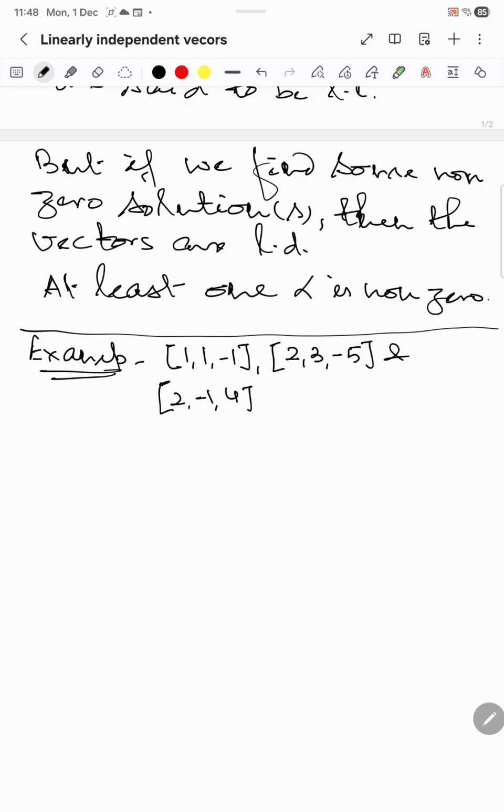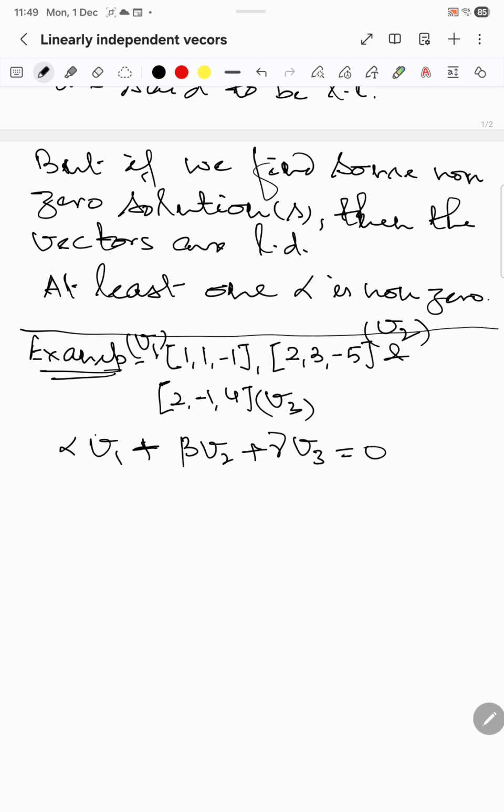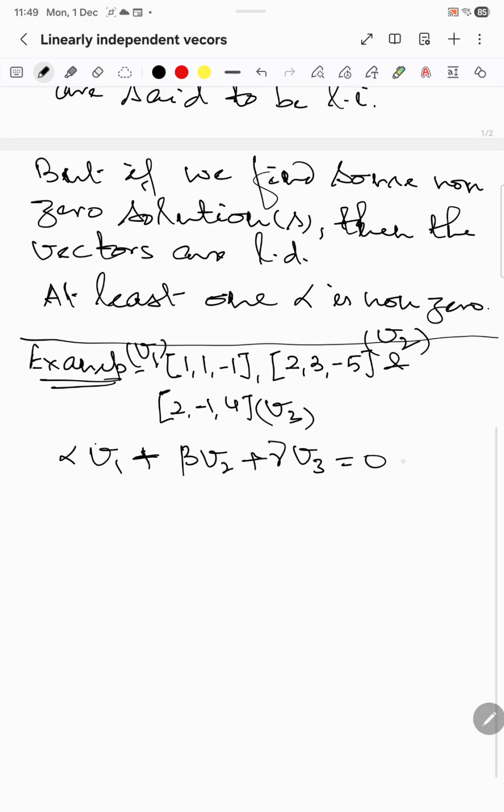Let us consider the first as v1, the second vector as v2, and the last one as v3. Now we have to take the linear combination alpha times v1 plus beta times v2 plus gamma times v3, and put this expression equal to 0. Of course, this 0 is coming from the vector space from which we have taken the vectors. Here these vectors are coming from R3.